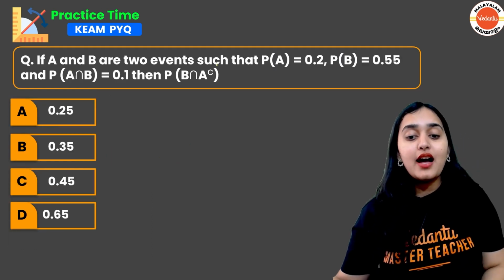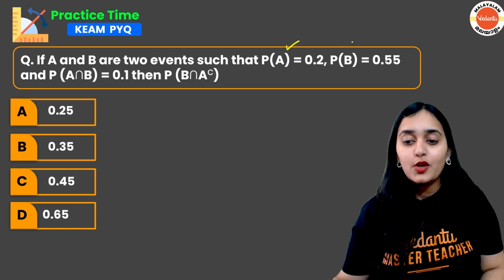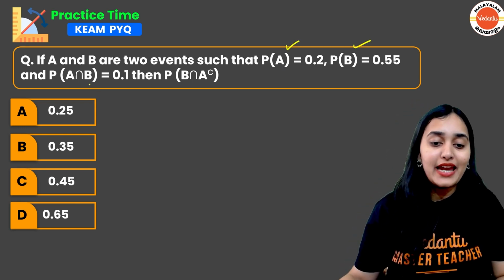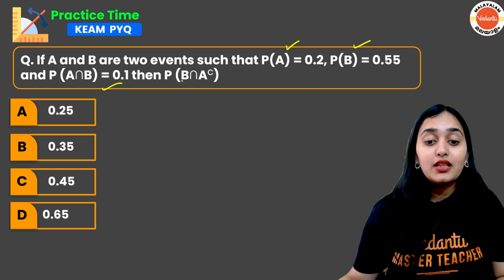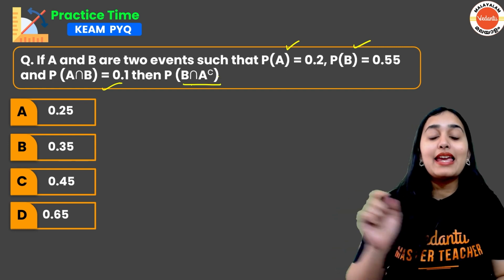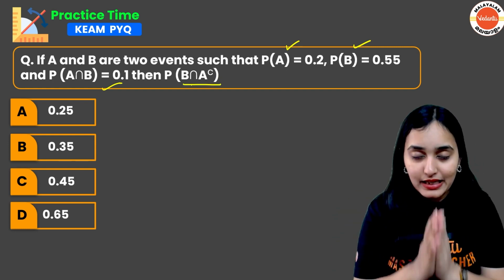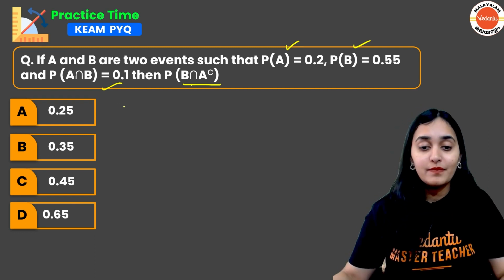If A and B are two events such that probability of A is 0.2, B is 0.55, A intersection B is 0.1, then the probability of B intersection A complement. Now listen very carefully. What does this mean?